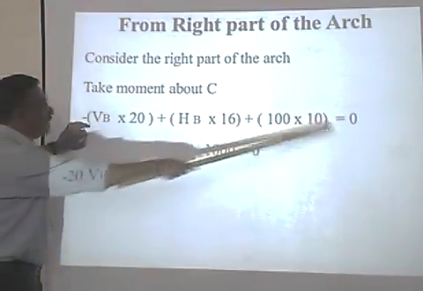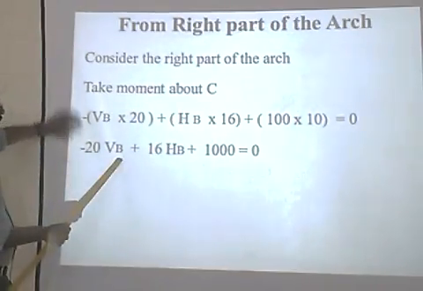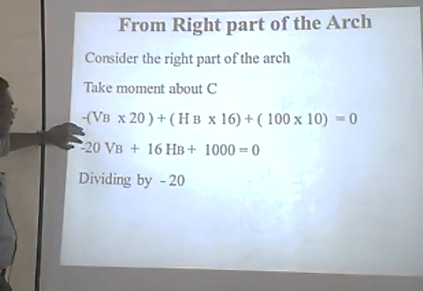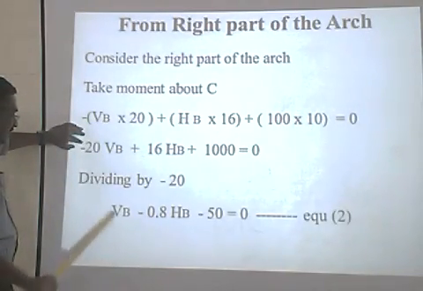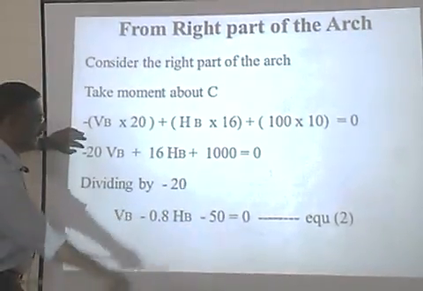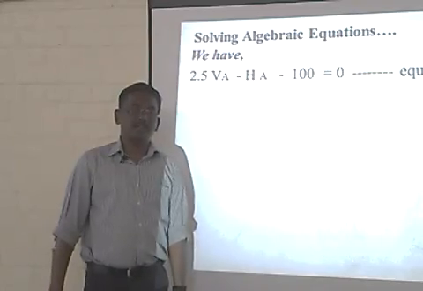The sum of all moments is equal to 0. Simplifying, we get minus 20 VB plus 16 HB plus 1000 equals 0. Dividing the whole equation by minus 20, we get VB minus 0.8 HB minus 50 equals 0. Let us take this as equation 2. Now let us solve the equations we have arrived at so far.